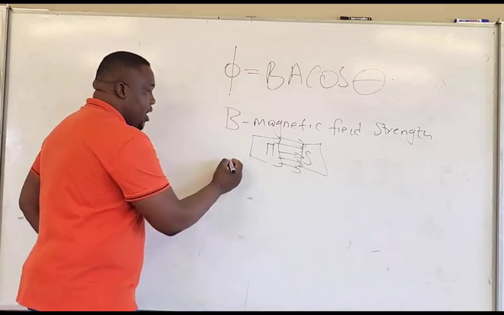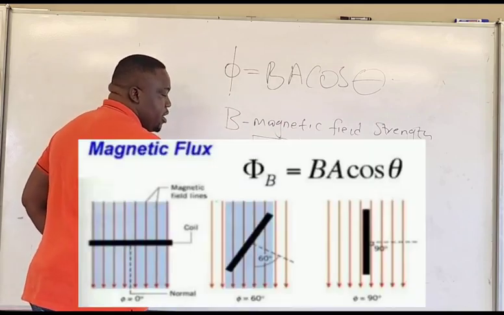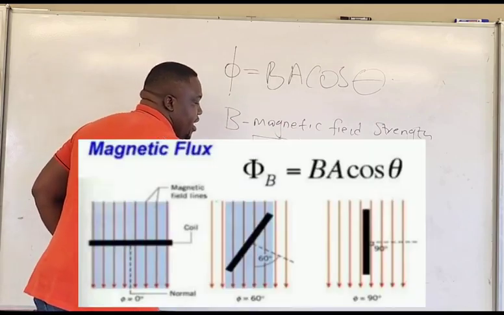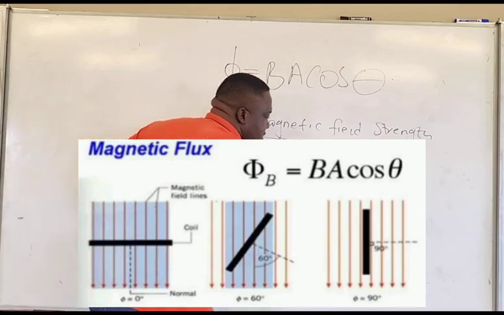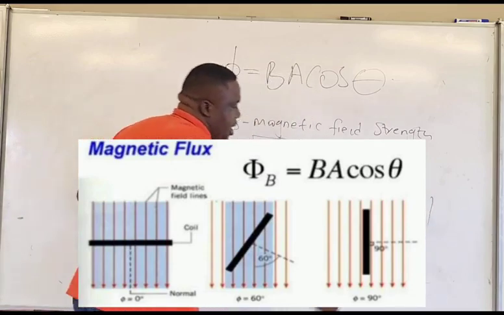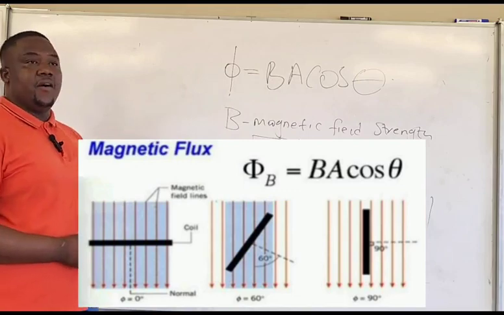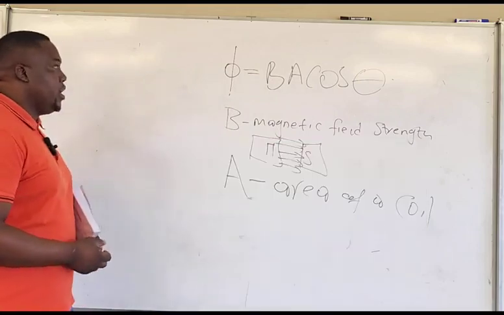Then we come to A. A stands for the area of a coil.